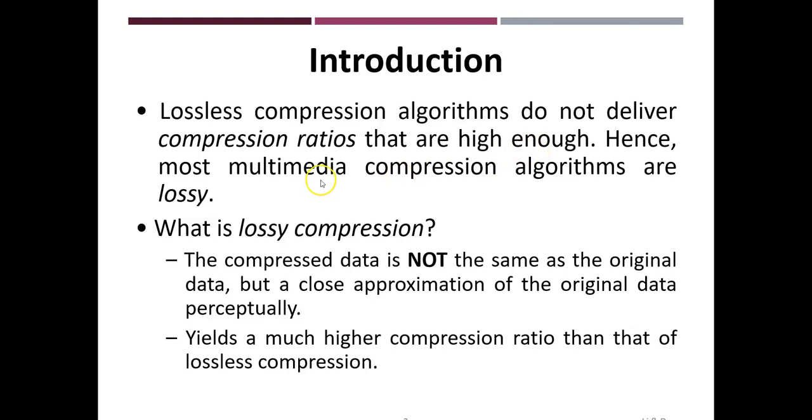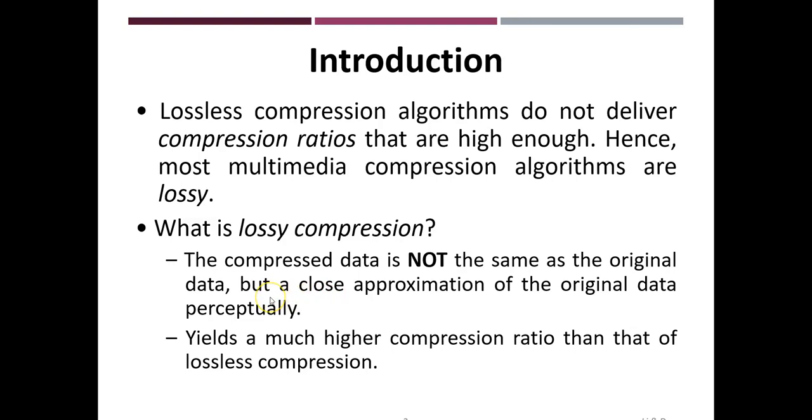Lossless compression algorithms do not deliver compression ratios that are high enough. Hence, most multimedia compression algorithms are lossy. So what is actually lossy compression? Lossy compression means the compressed data is not the same as the original data, but a close approximation of the original data perceptually.